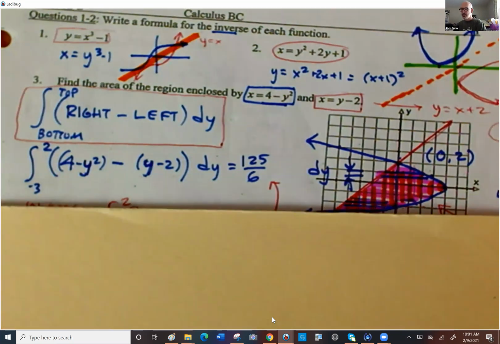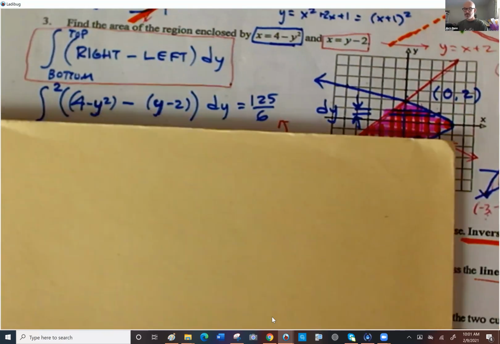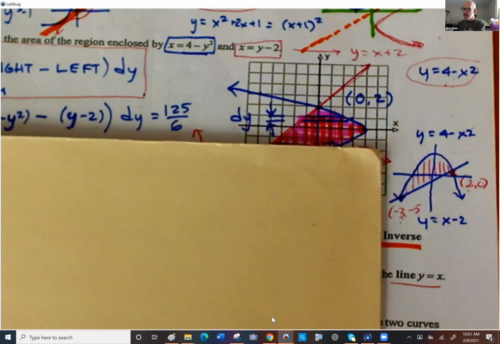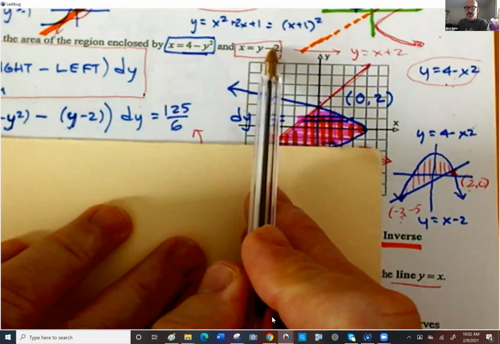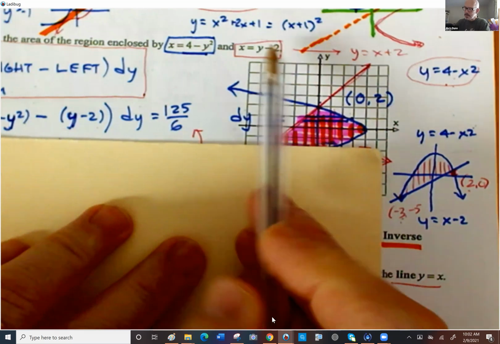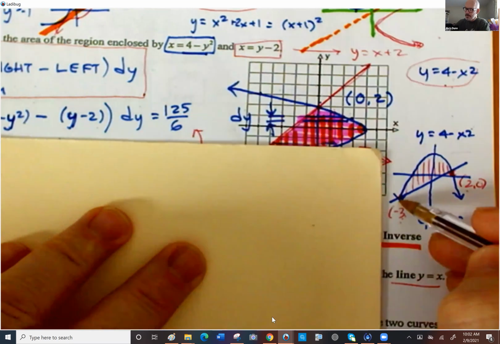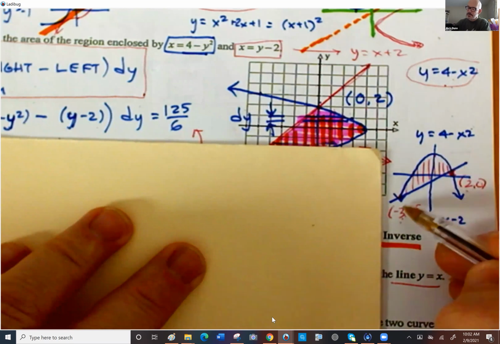I also want to take a look at this by going ahead, and I put a little sketch over here of our inverse function. In other words, I just switched my x's and y's around, and when I did that, I graphed this one as the parabola that started at the vertex on the y-axis at 4 and opened down.